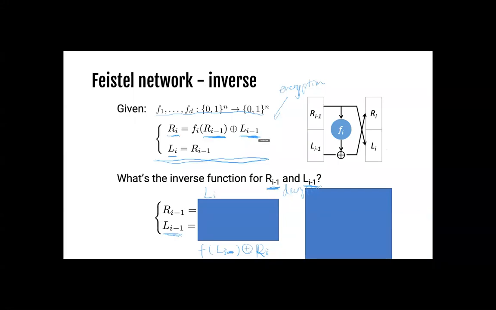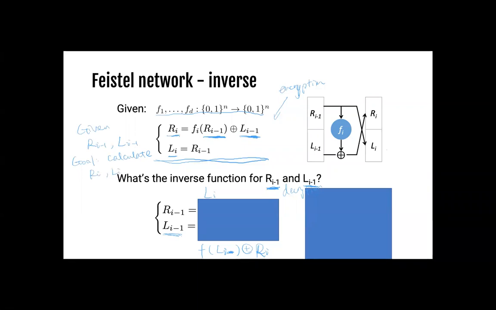Given that, the goal for us is to calculate Ri and Li.